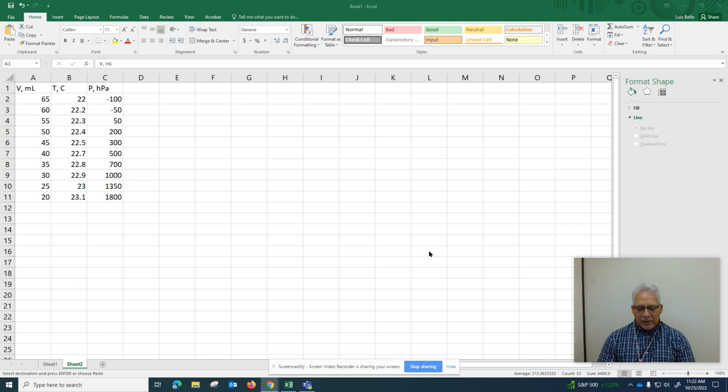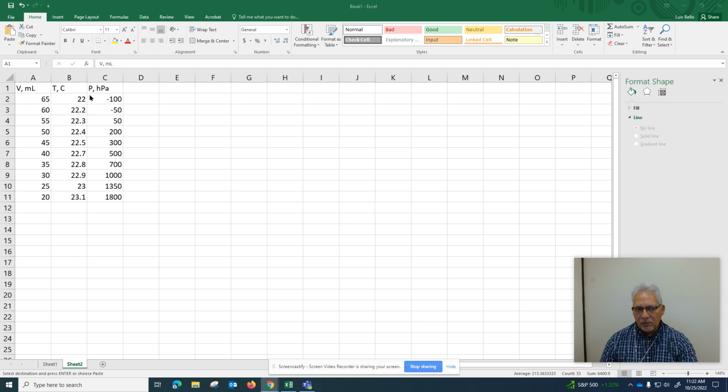So I did the following. I followed the procedure that you have in your lab report and procedure. The first thing I did was write down all the volume, temperature, and gas pressure for all of them.